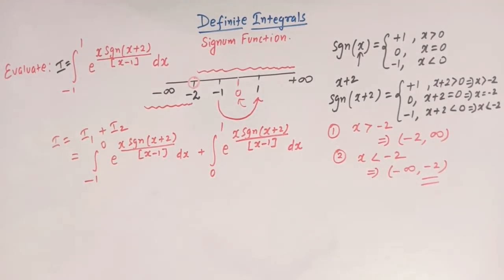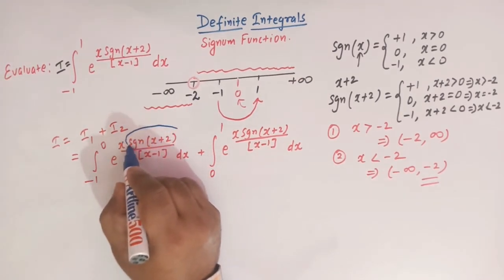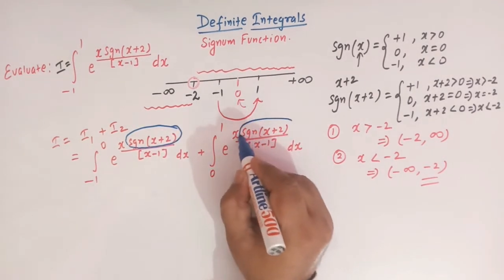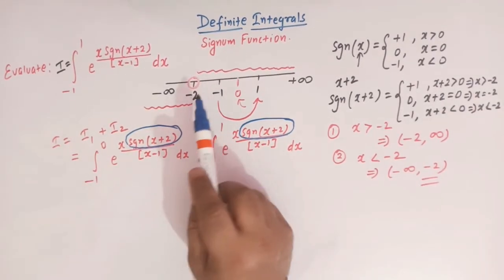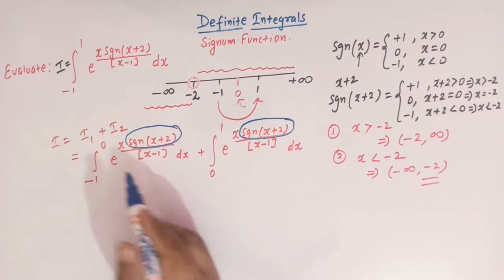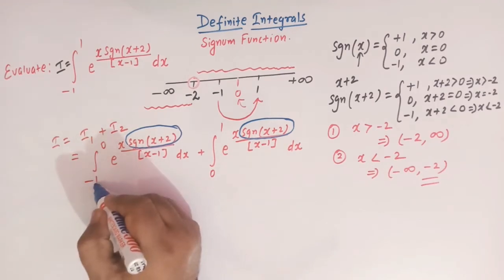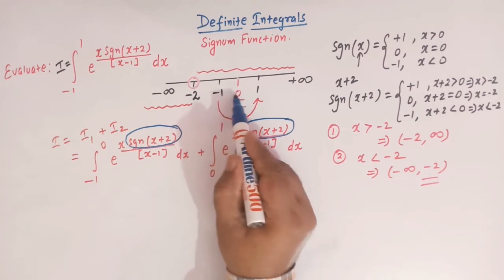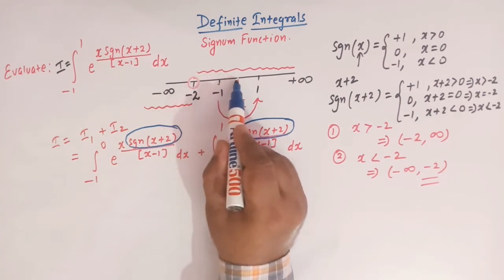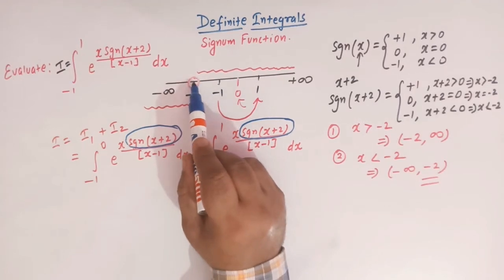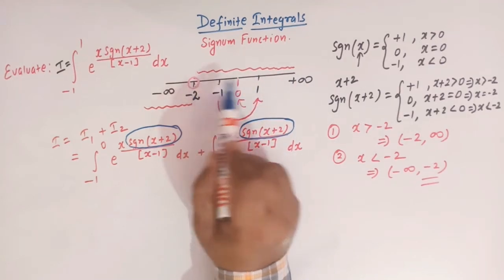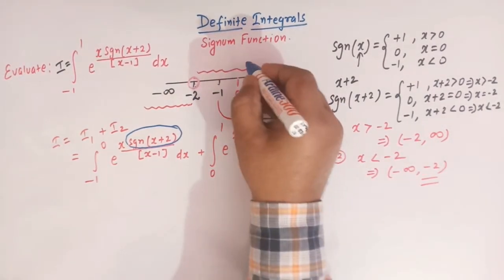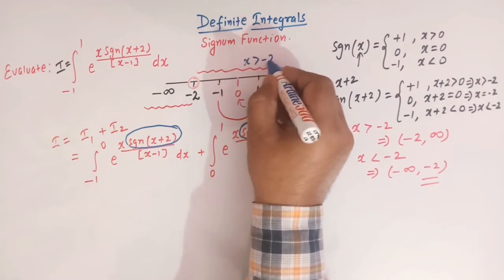Now we'll try to assign a value to this signum of x plus 2 in each integral, right? If we look at this real number line, we are integrating from -1 to 0, and this interval -1 to 0 lies in the interval -2 to infinity, which implies that x is greater than -2, right?